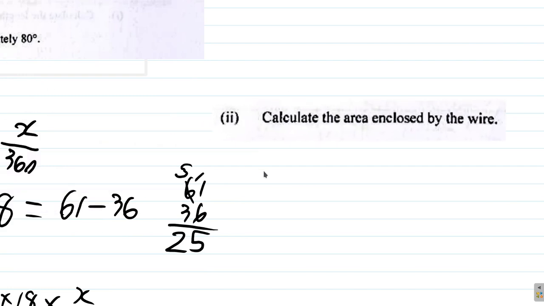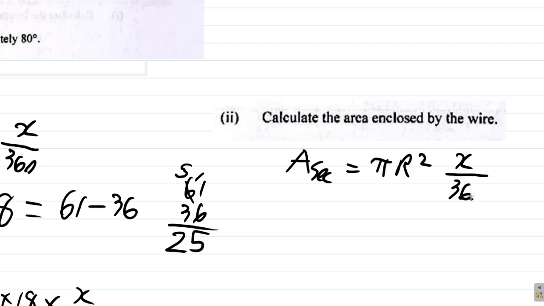How do you calculate the area of a sector? Well, you know that for the circle, the area of the circle is pi times radius squared, pi r squared. So the area of the sector is equal to pi r squared times the angle. Usually I use theta, but since we have x here, it's x divided by 360 degrees.